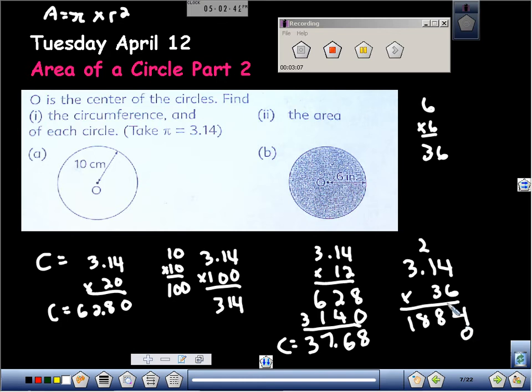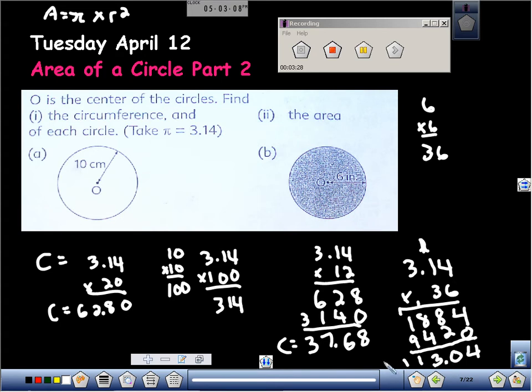Put our 0 down. 3 times 4 is 12. Carry the 1. 3, 4. 3 times 3 is 9. We get 4, 8, 9, 10, 0. Carry the 1. 8, 9, 13. Carry the 1. 9, 10, 11. 1, 13.